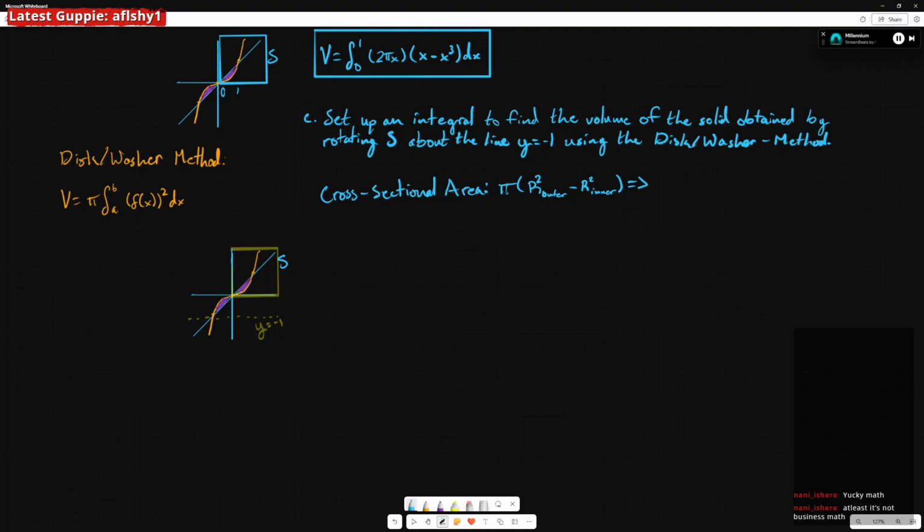Which is going to be then our outer is x and our inner is x squared or x cubed. So we get pi times x squared minus x cubed squared, which is just equal to pi times x squared minus x to the 6th.